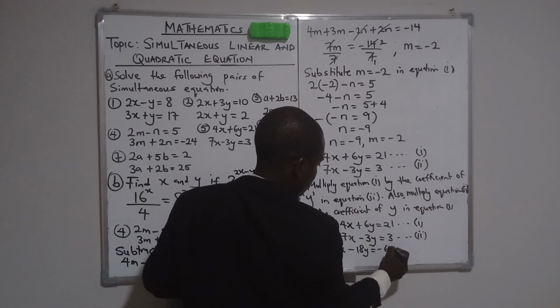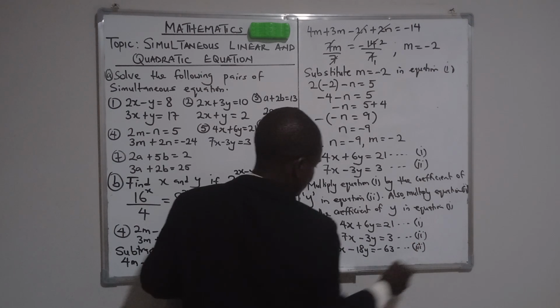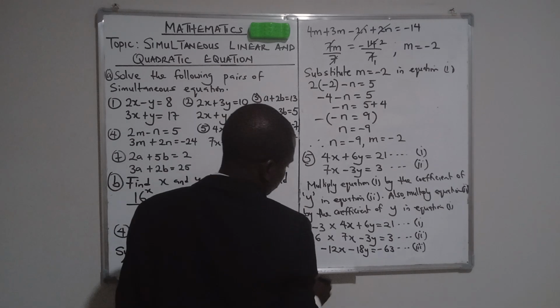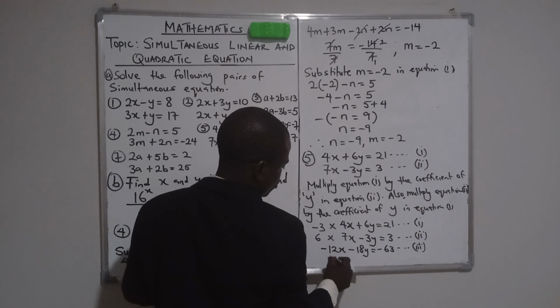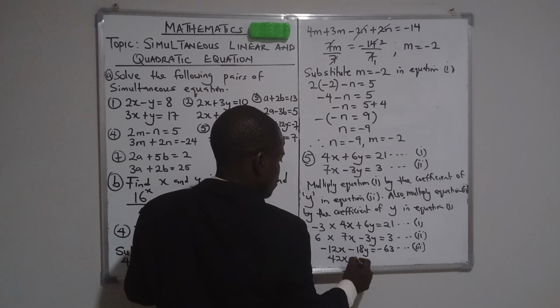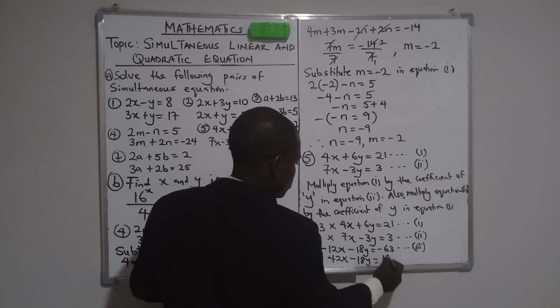That's our equation 3. And this one will be 6 times 7, which is 42x minus 18y equals 18.